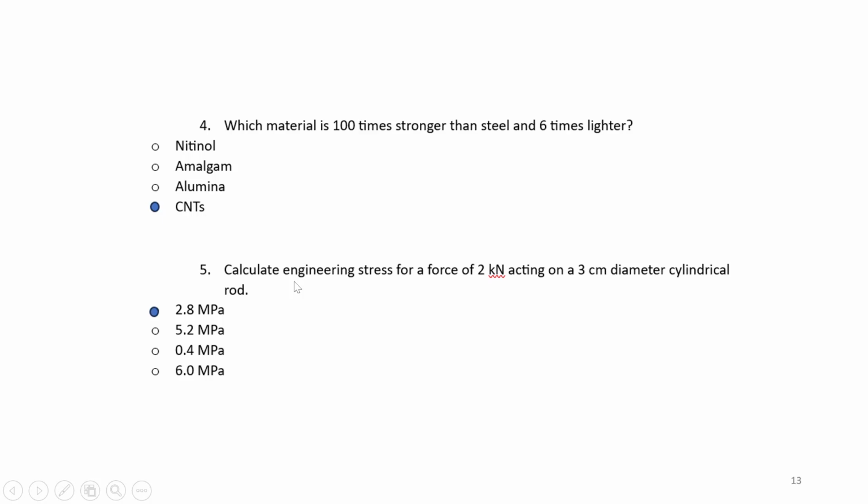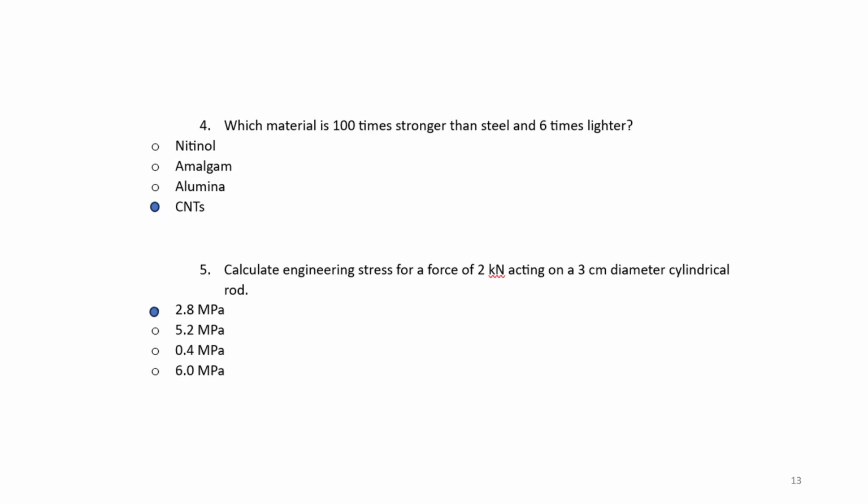Calculate engineering stress for a force of 2 kilonewton acting on a 3 centimeter diameter cylindrical rod. So stress formula is simply force divided by cross sectional area. So force is given 2 kilonewton. So 2000 divided by your area will be pi r square.